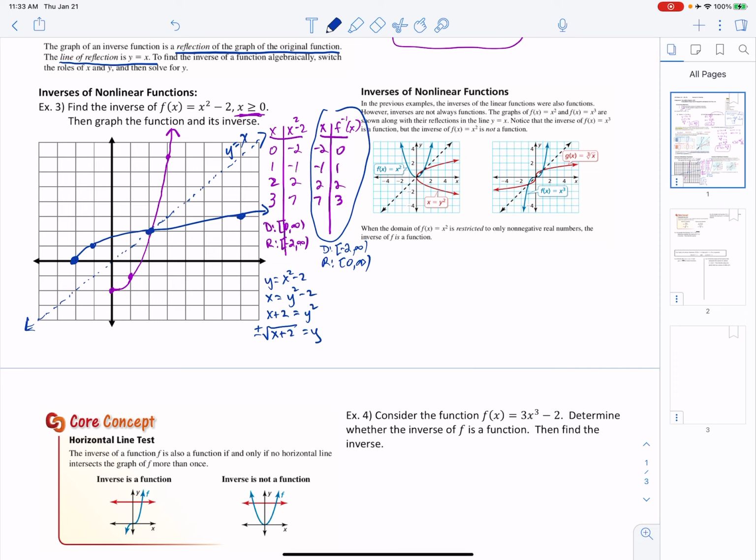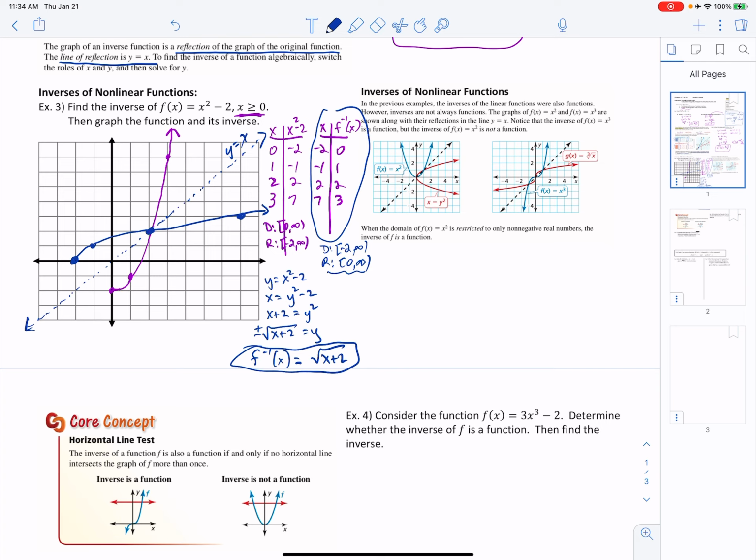You have to figure out which of those agrees with the range being 0 to infinity. 0 to infinity is positive, so the inverse that belongs to x squared minus 2, where x is greater than or equal to 0, is the positive square root of x plus 2. That's the one that's going to give me a range that's positive, so that is the only half we take. And that is the inverse of that function.